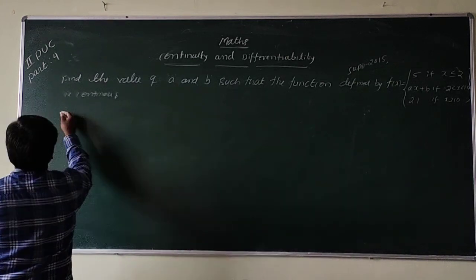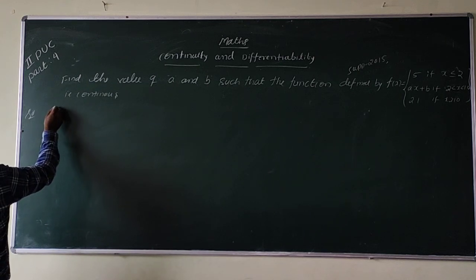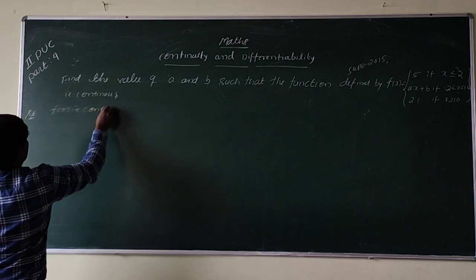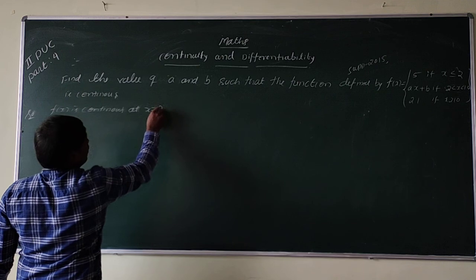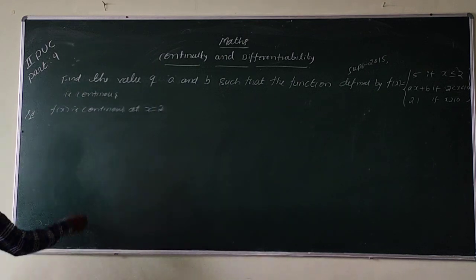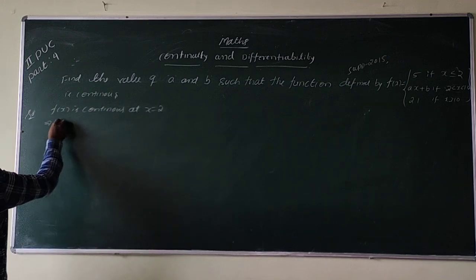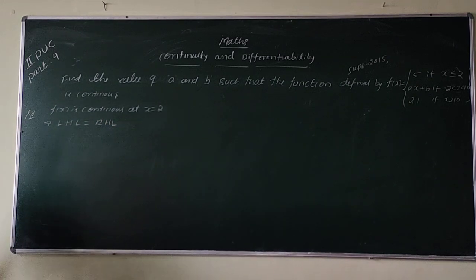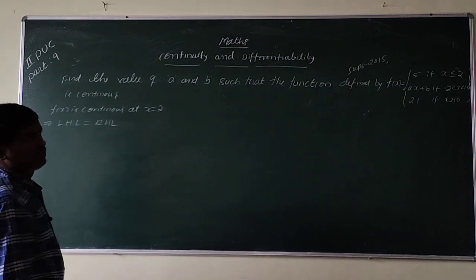So first, the solution. Function f of x is continuous at x equal to 2. This implies the left hand limit is equal to the right hand limit, because continuous obviously means the left hand limit and right hand limit are equal.